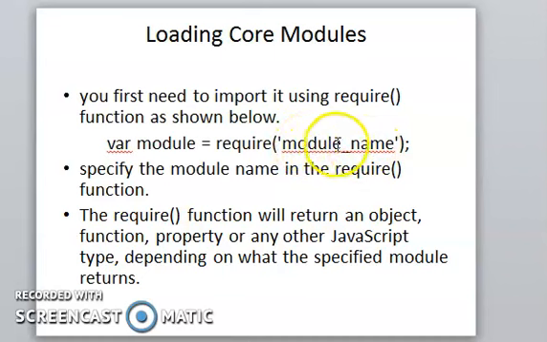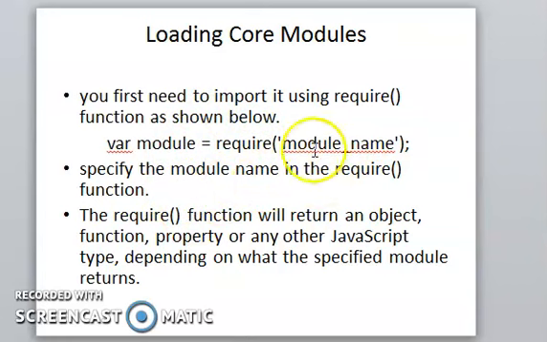If I am using the HTTP module, then the module name is HTTP. If I am using the URL module, then the module name is URL. By using the require function, the specified module is included in your application.